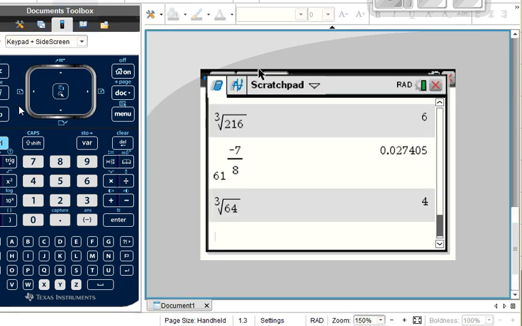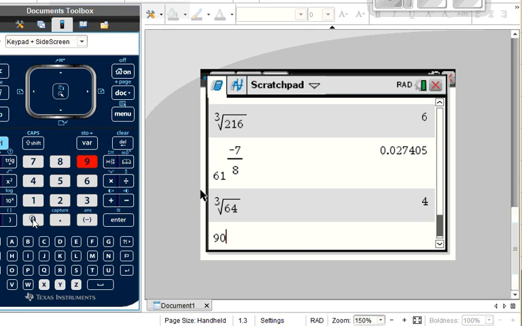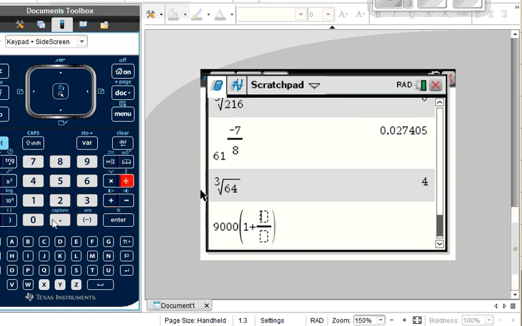Okay, so let's get to our calculation screen, and we're just going to plug that in. We have 9,000. Put your parentheses in. 1 plus control divide is going to give you the fraction that you need. 0.0146 over 4.